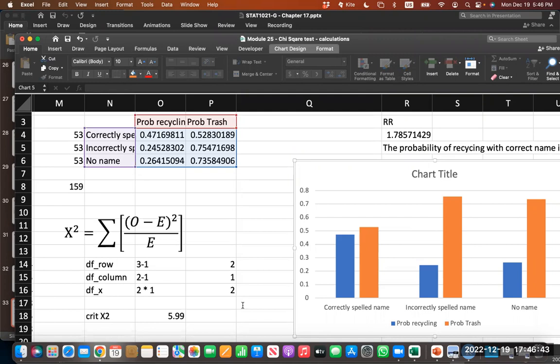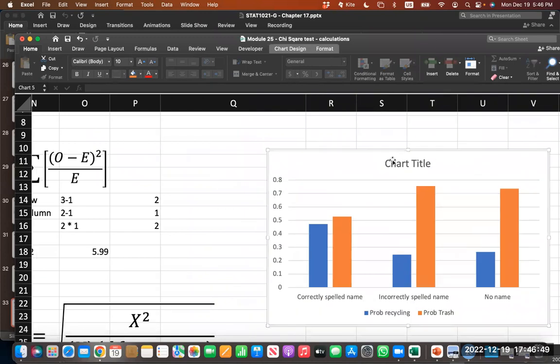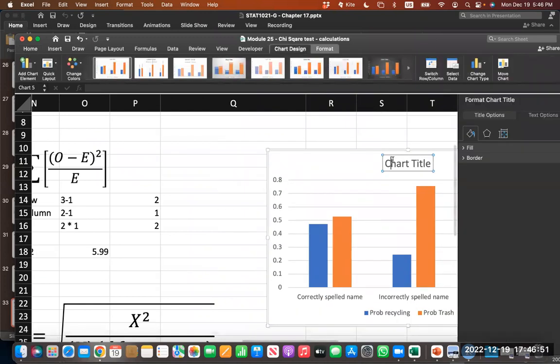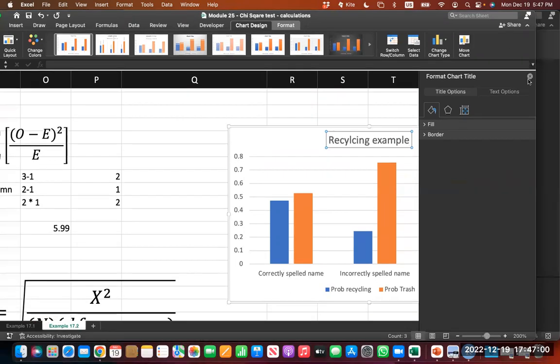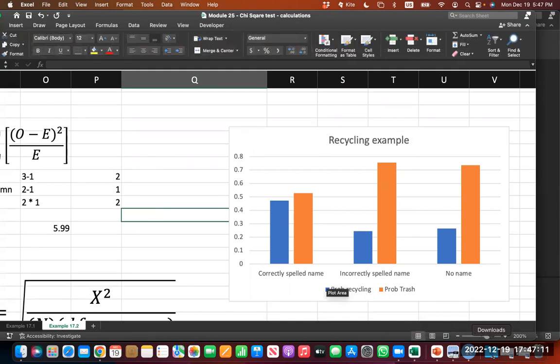You just need to arrange your data in a way that basically allows Excel to understand what you want to do. So this is our recycling example. Simple, right? So that's basically how you would show this as bar graphs.